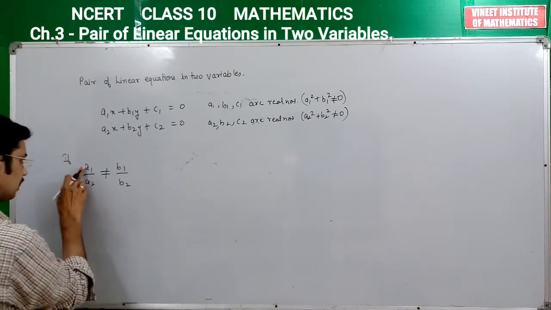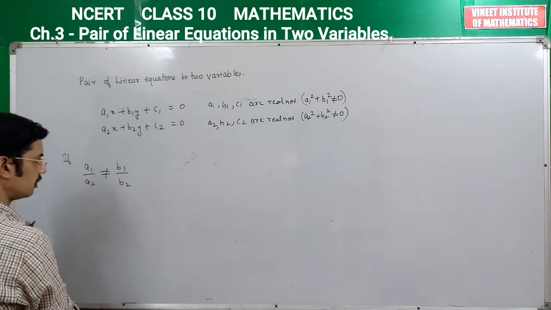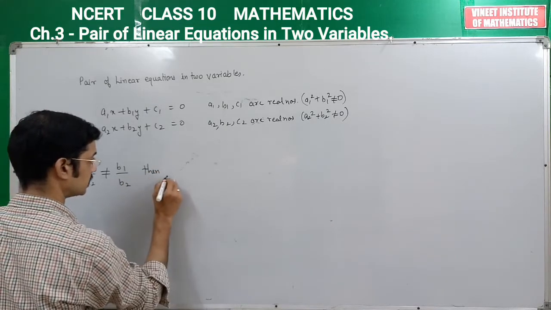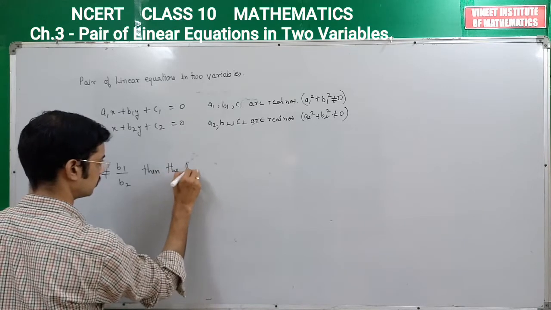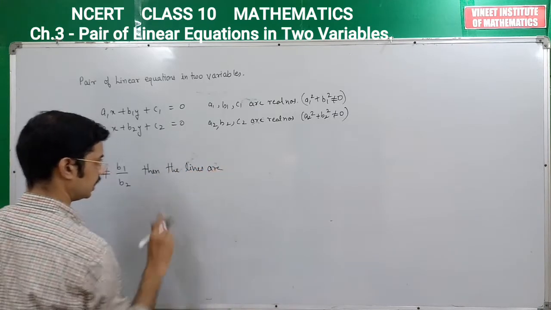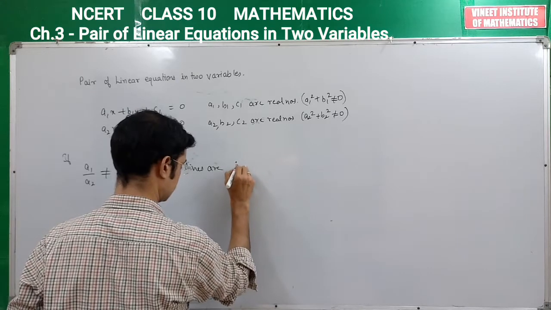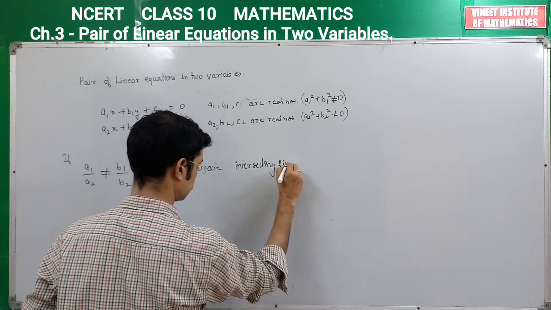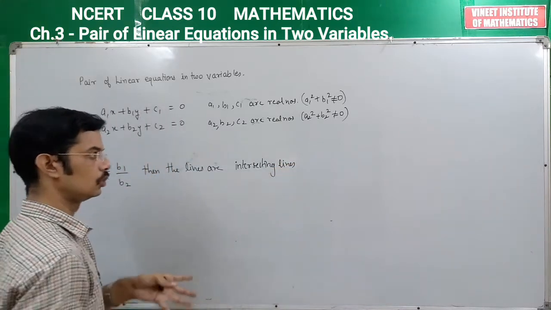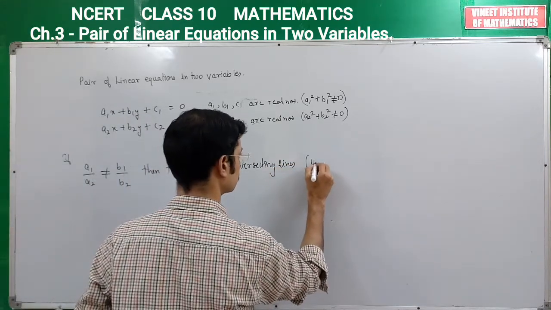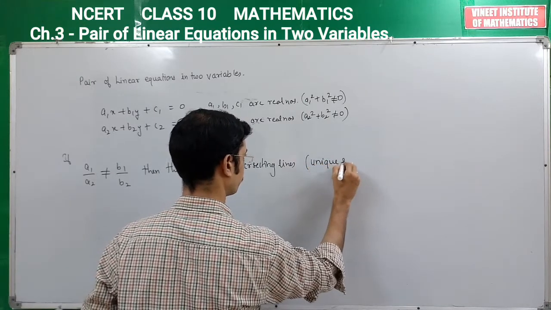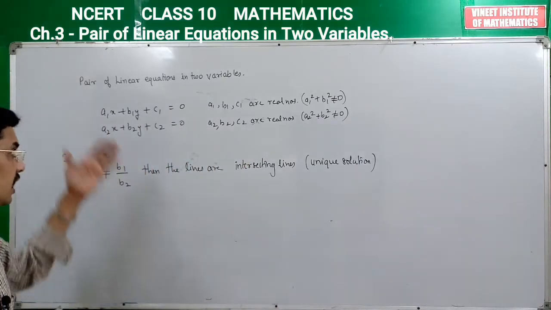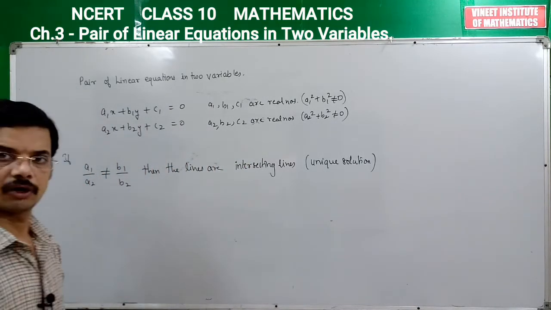we can see that the lines will be intersecting lines. If a1 by a2 is not equal to b1 by b2, then the lines are intersecting lines, which means they have a unique solution. If they have a solution, we say that they are a consistent pair of lines.